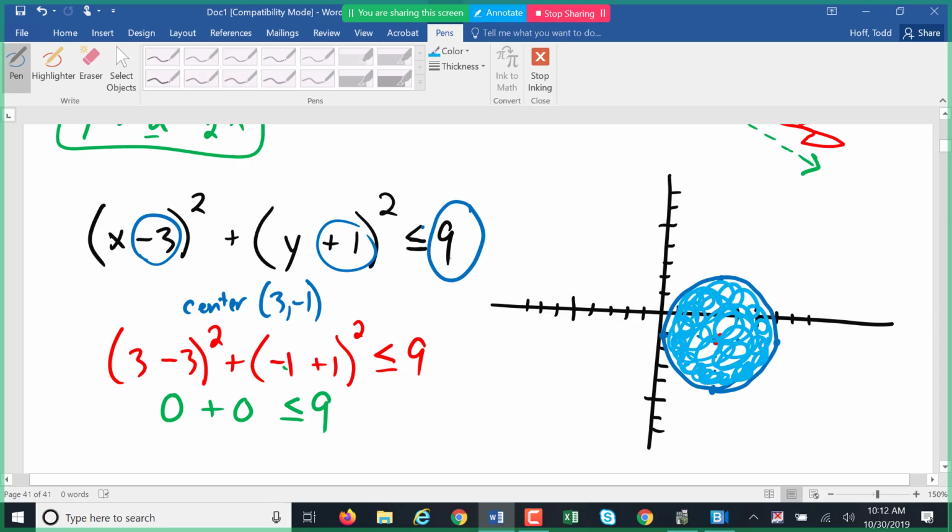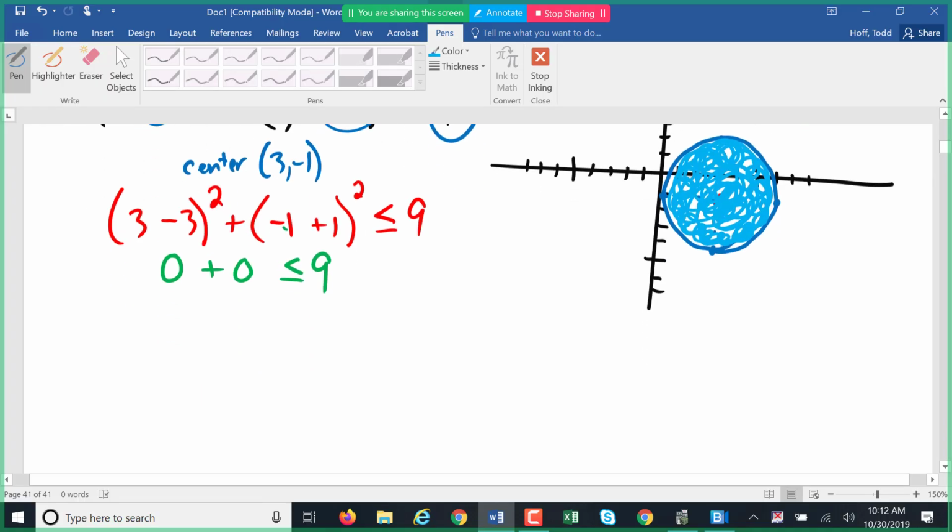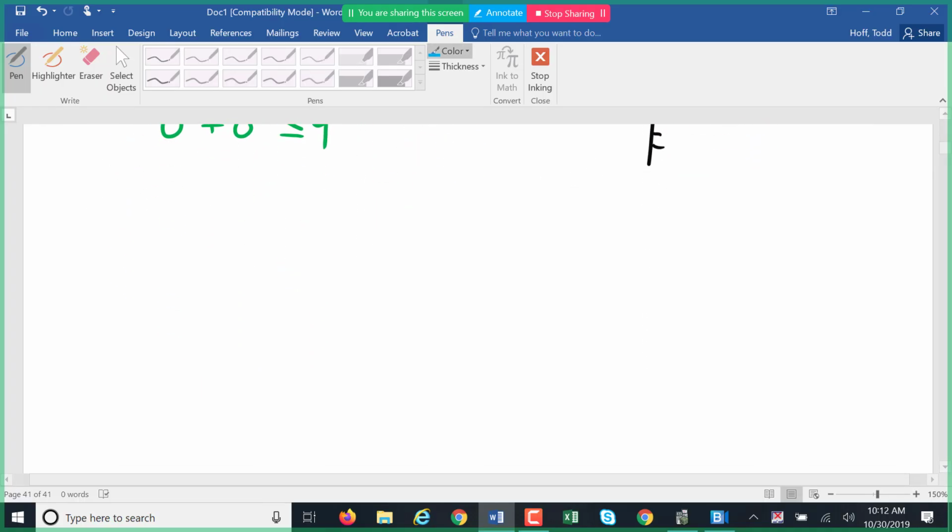So when our curve is a circle, the solutions can either be inside of the circle or outside of the circle. Or we might have x squared minus y equals 3x plus 4.